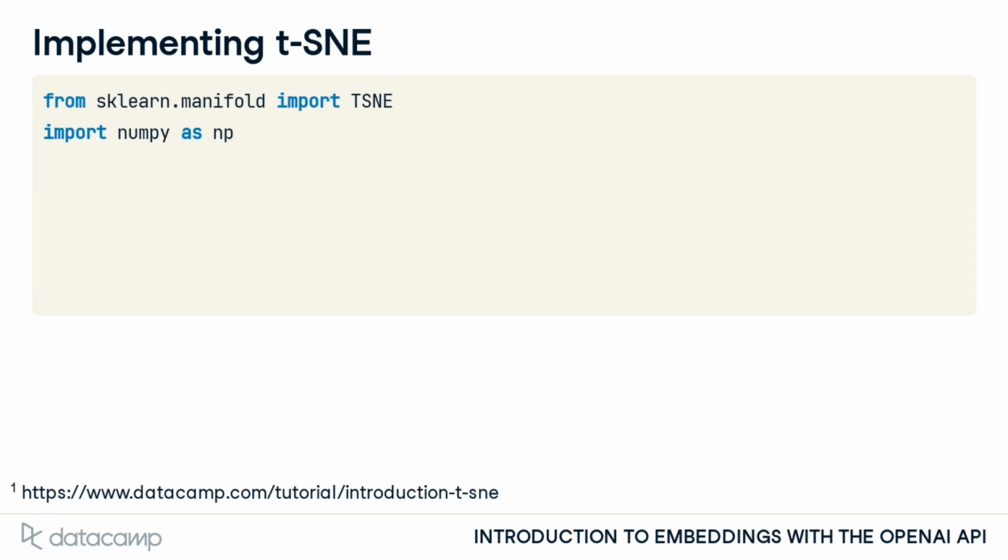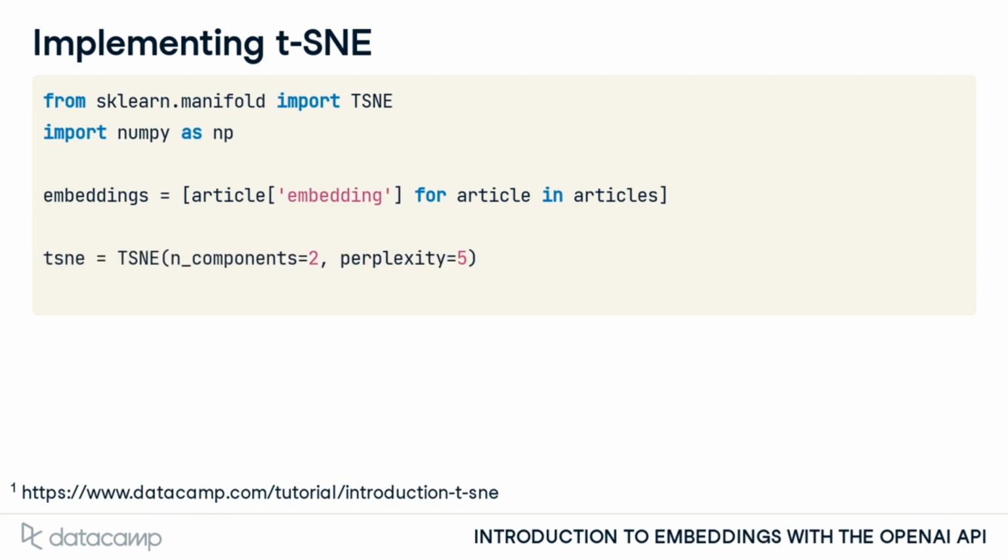First, we import t-SNE from sklearn.manifold and numpy as np. Next, we'll extract the embeddings from our articles list of dictionaries using list comprehension. To implement t-SNE, we create a t-SNE instance and assign it to the tsne variable.